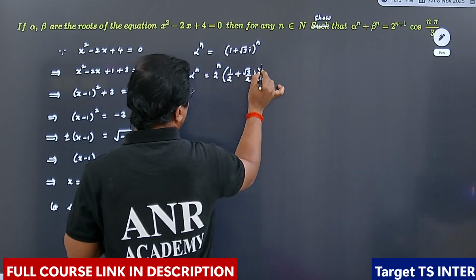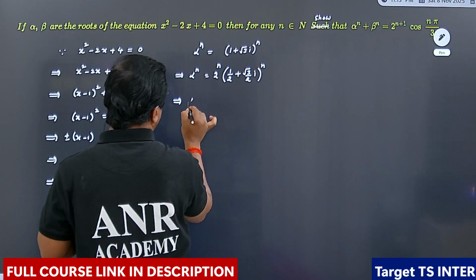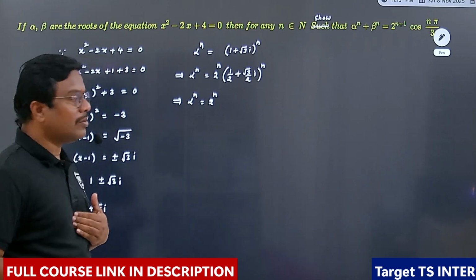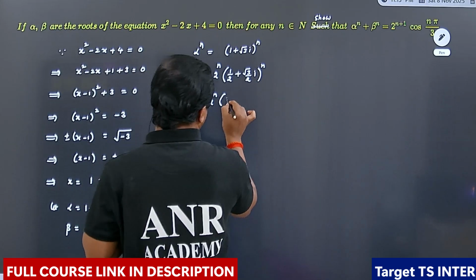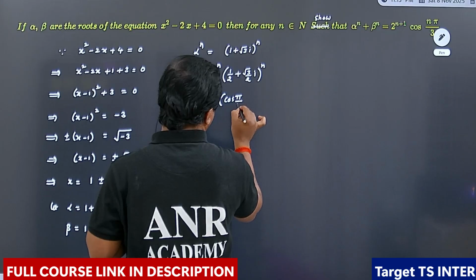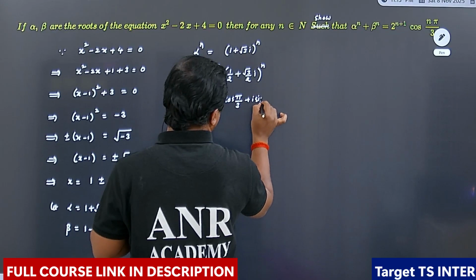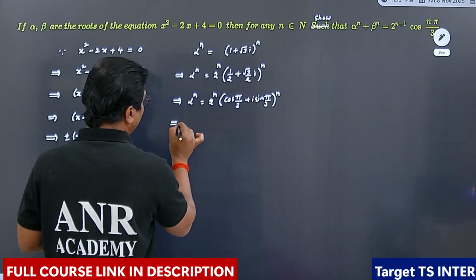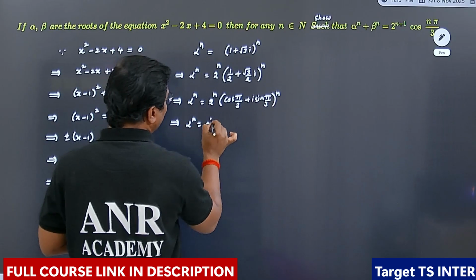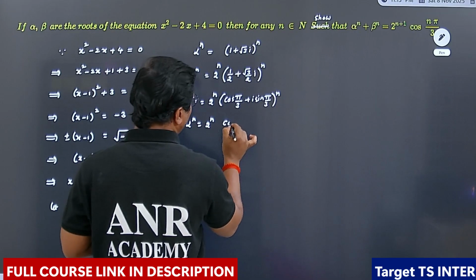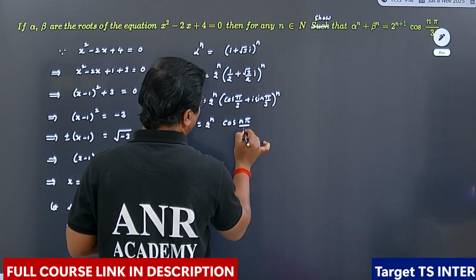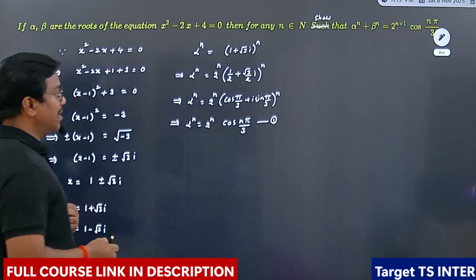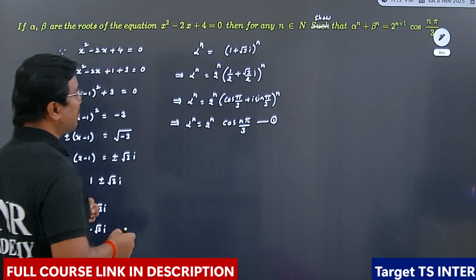Now write exponent n, then you can write alpha power n as 2 to the power of n, next 1 by 2, that is in terms of cos pi by 3 plus i sin pi by 3, whole to the power of n. And from this alpha power n becomes 2 to the power of n, using De Moivre's theorem, cos n pi by 3. This is result 1.